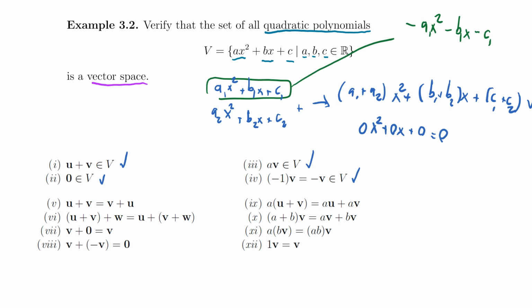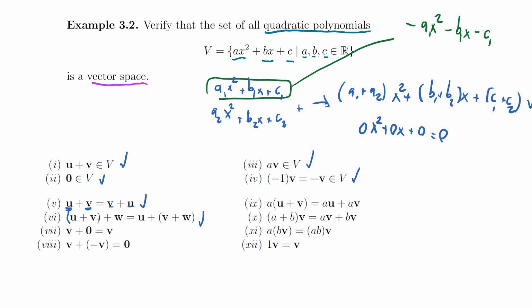And the remaining 8 should be easy to see. If I add two polynomials, it doesn't matter which order I add them. I can add v plus u. My v and my u here are actually polynomials, so they are not actually vectors in the usual sense. If I add u plus v, that's the same as v plus u. So that's okay.